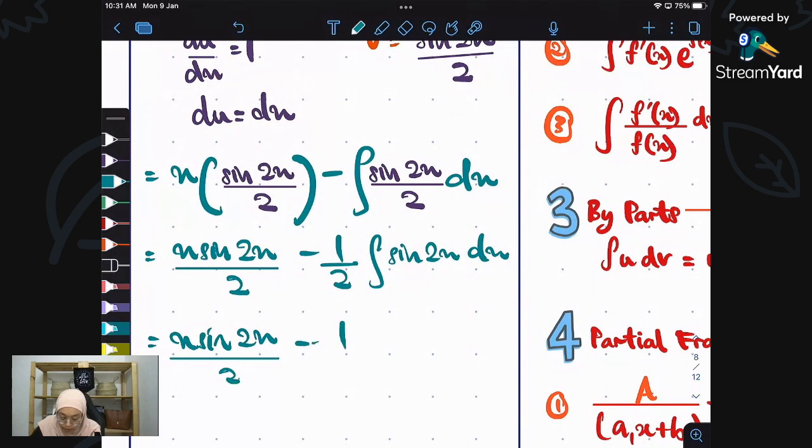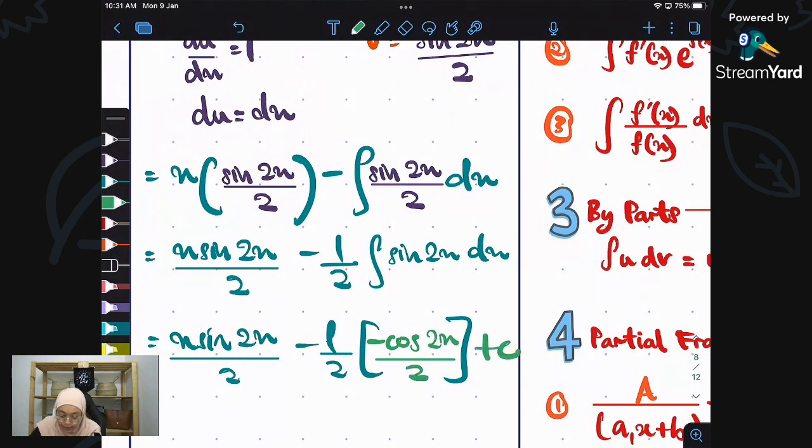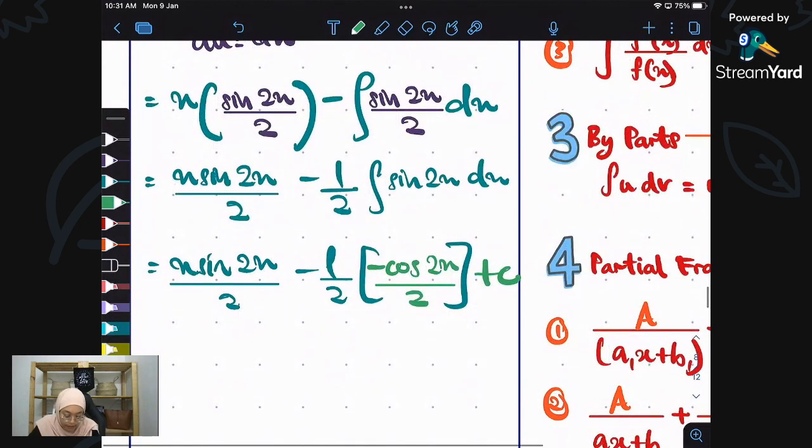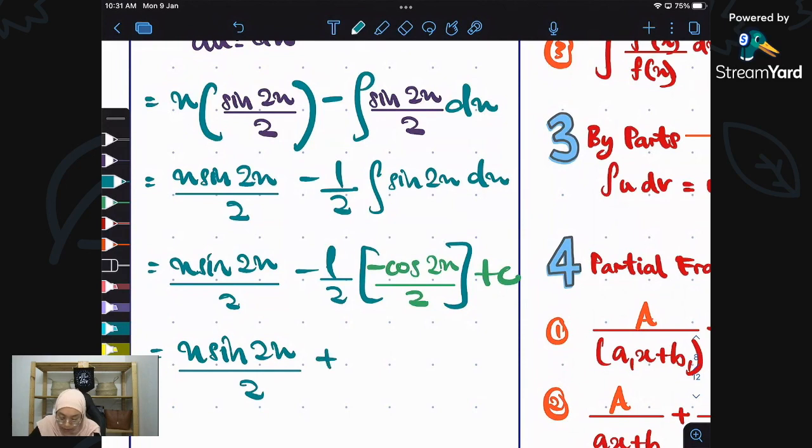My answer is just integrate sine 2x, which is actually negative cos 2x over 2 plus c. Therefore, the very, very final answer is x sin 2x over 2 plus cos 2x over 4 plus c. That is my final answer.